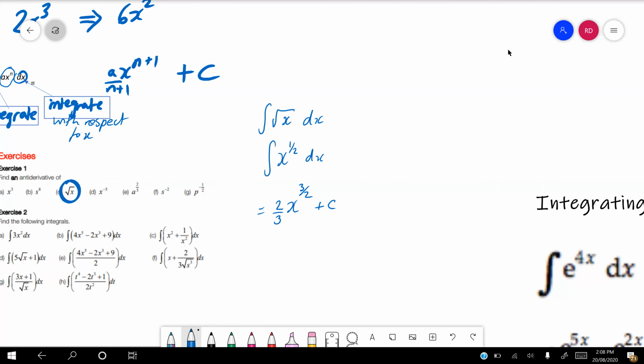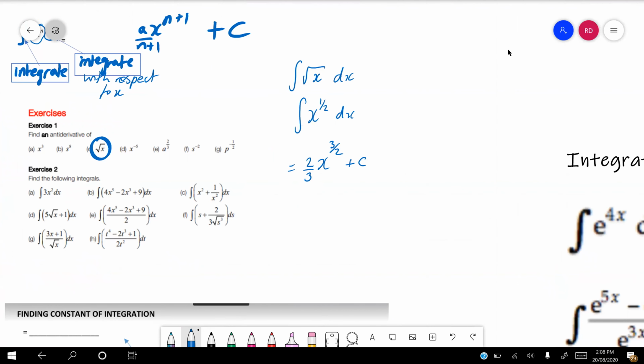Now, if you have something like this, I'll do this question here. What is important is that we understand that this is for each term. So I've got to split this up into individual terms.